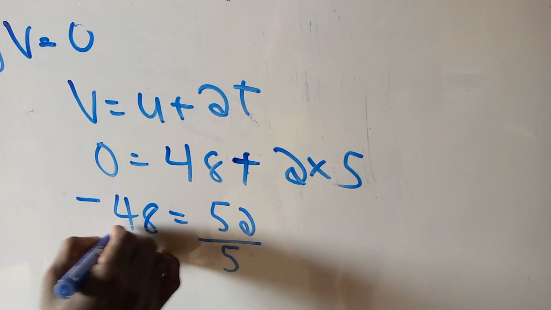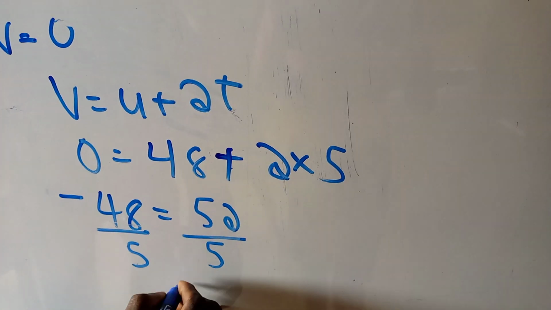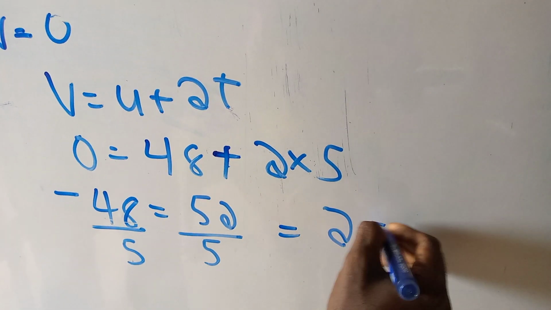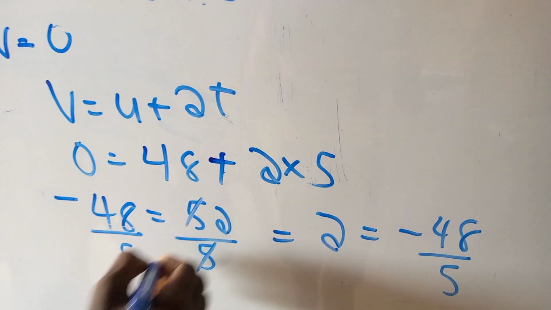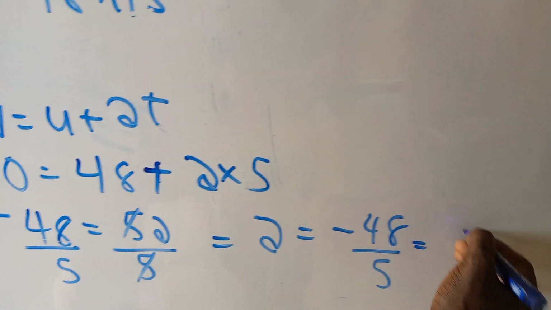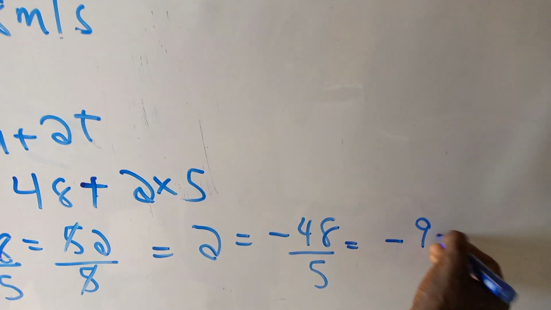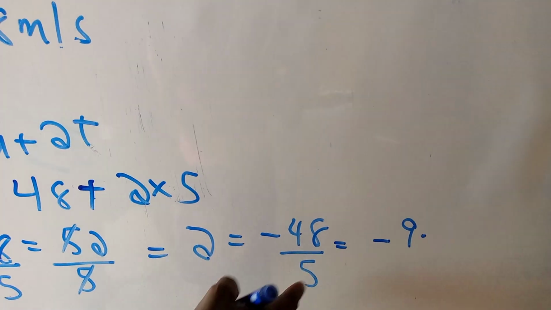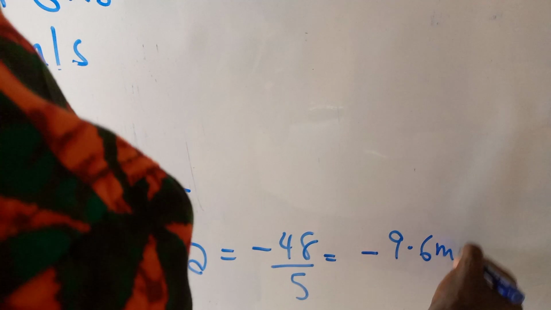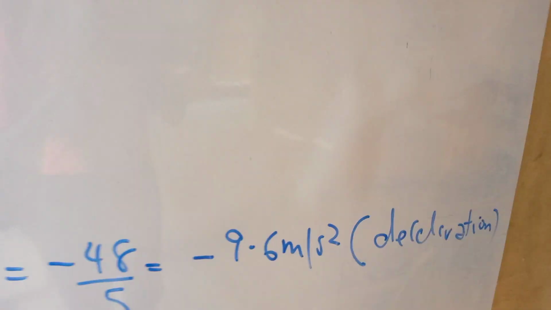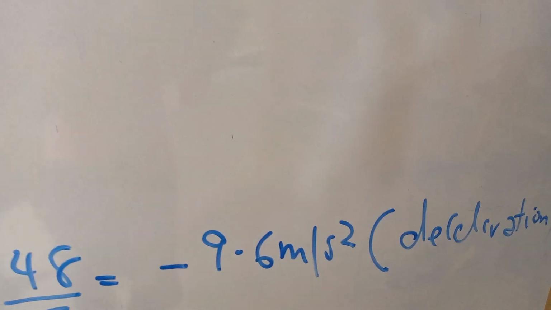Since we are looking for acceleration, a equals minus 48 over 5, which gives minus 9.6 meters per second squared. The minus there shows that it is decelerating.